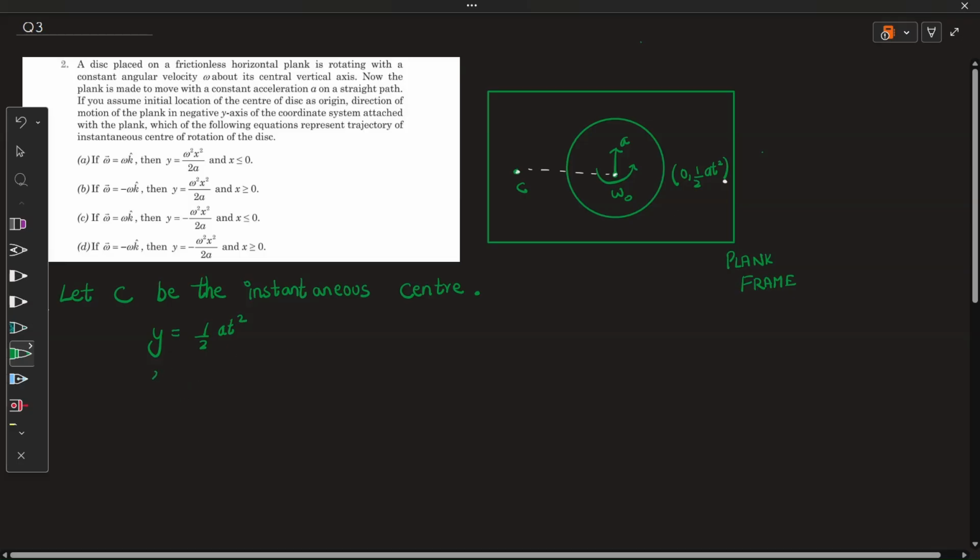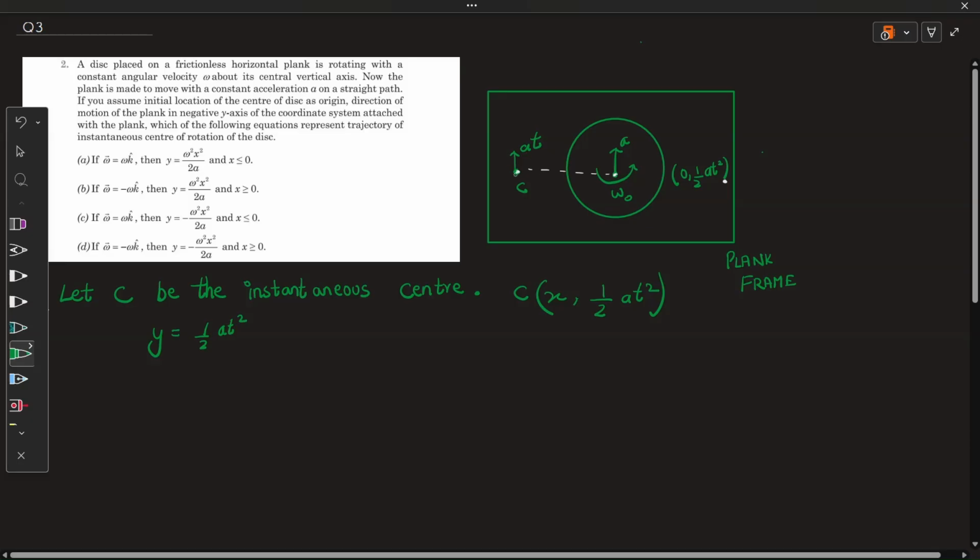What about the x coordinate? We don't know about it, right? So let x comma half at square be the coordinates of C. Now, with respect to this center, this moves with some velocity v in this direction. This velocity is supposed to be at, correct, because both should always be horizontal. What about the horizontal velocity?